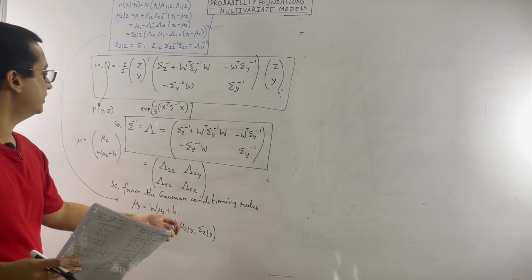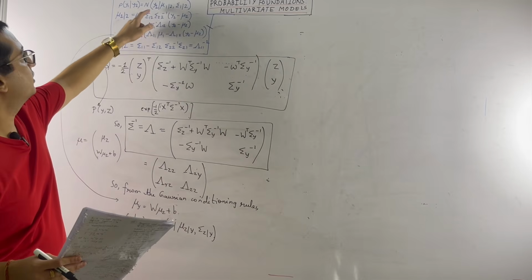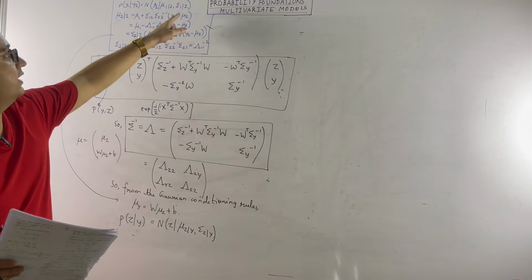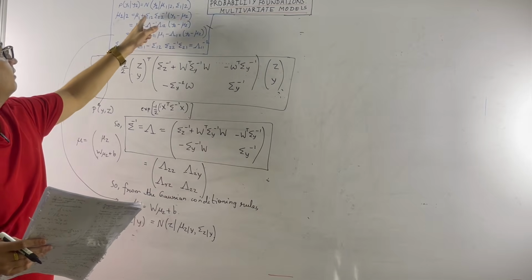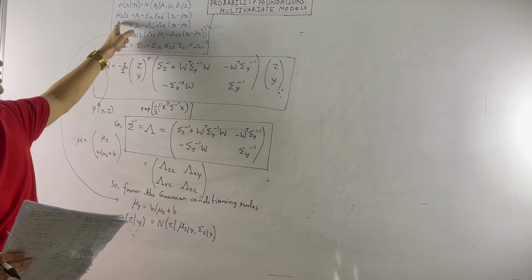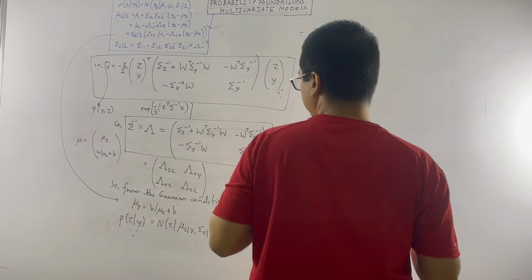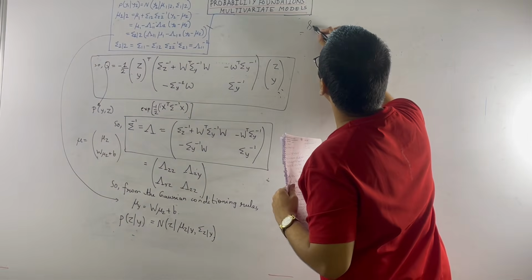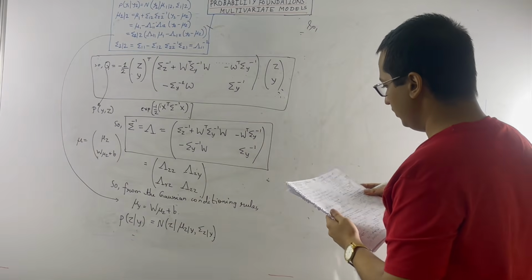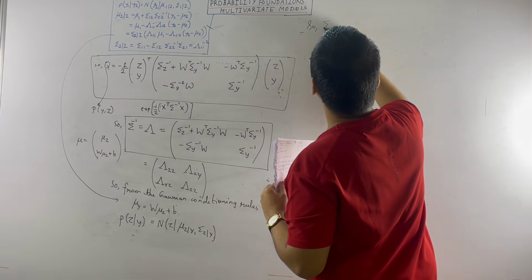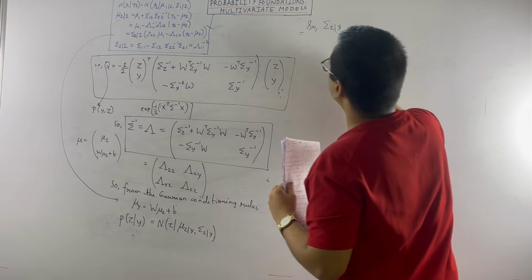So how will I find it? I will take the help of this, because this was also taken from the joint. From the joint we came to the posterior mean and the posterior variance, so we can use that same fact. First tell me what is sigma z given y.